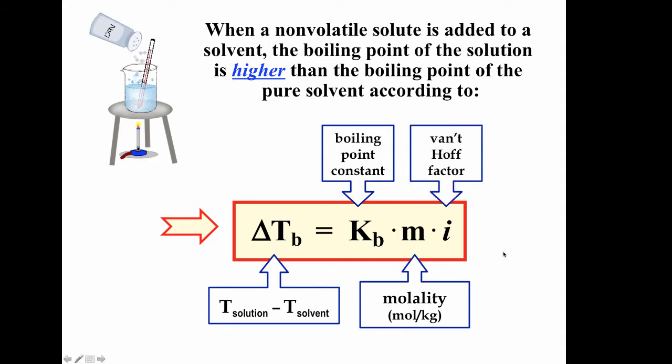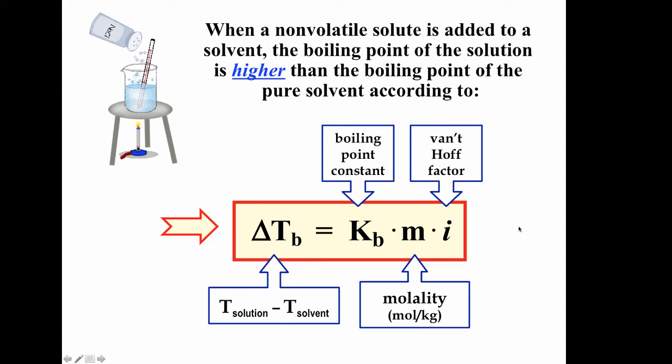So this should look exactly like the freezing point depression equation, except it's B for boiling rather than F for freezing with respect to the delta T and the K. The boiling point constant is a different value than the freezing point constant, and the freezing point goes down, whereas the boiling point goes up.